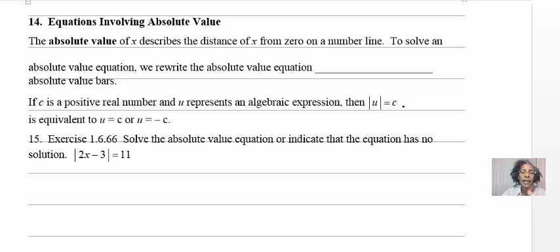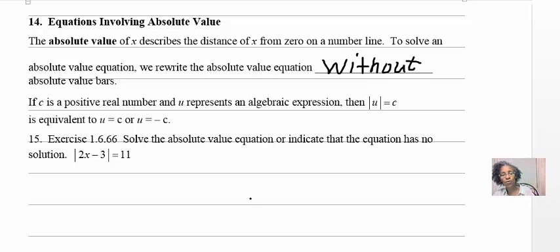We also want to look at equations involving absolute value. The absolute value of x describes the distance of x from 0 on the number line. To solve an absolute value equation, we rewrite the absolute value equation without absolute value bars in an equivalent form.